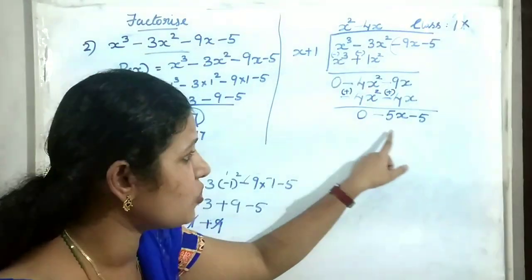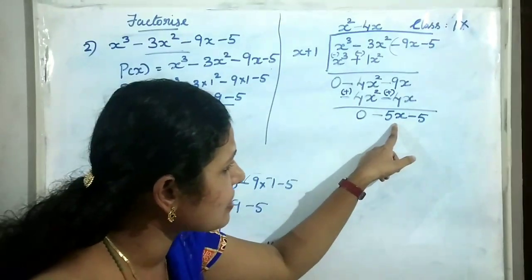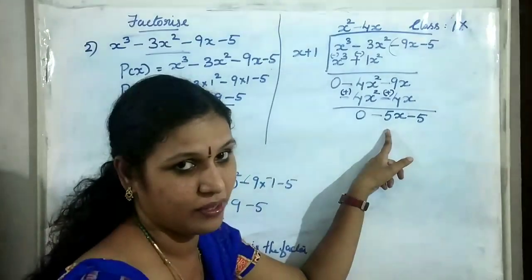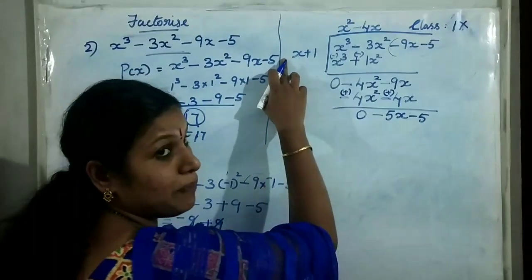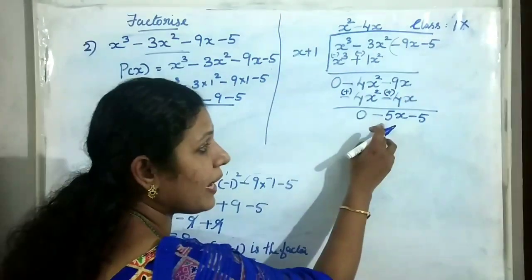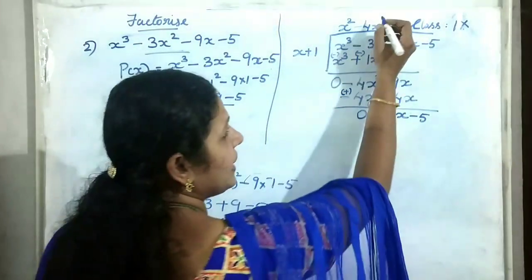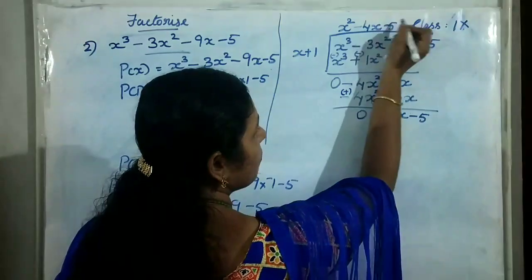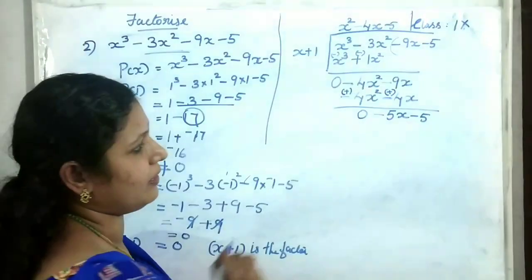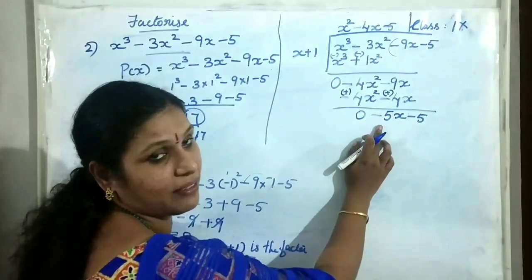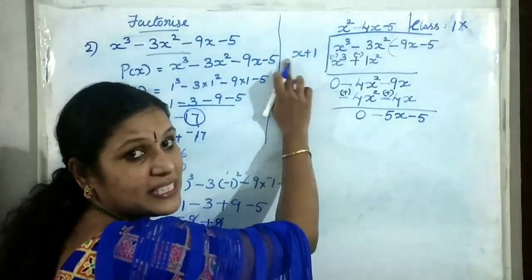Now our aim is to bring minus 5x here. For that, which number do we multiply to this 1 to get this minus 5? The answer is minus 5. So we write minus 5 here, because the coefficient of x is 1 here.